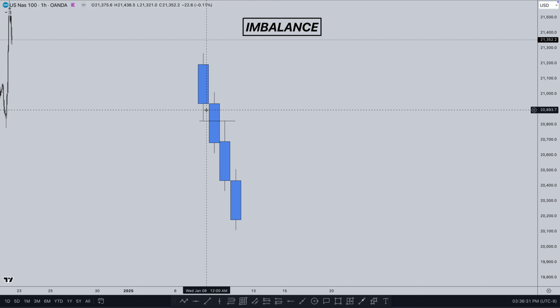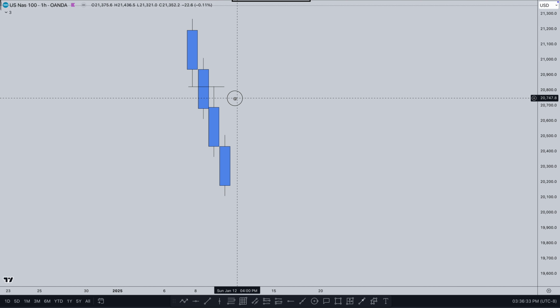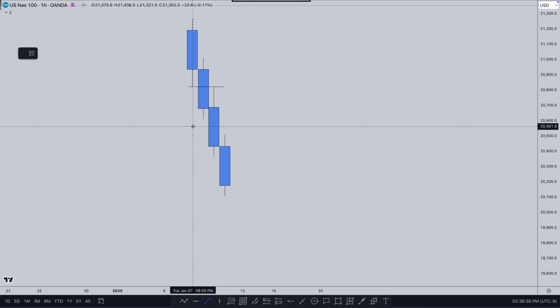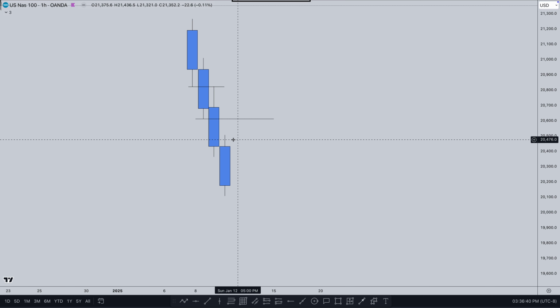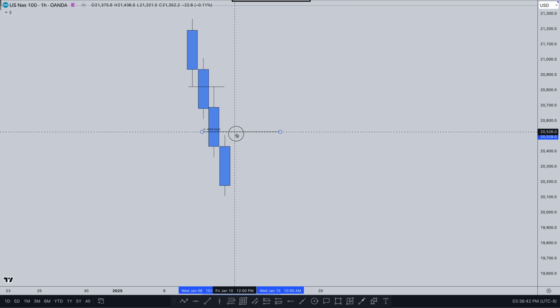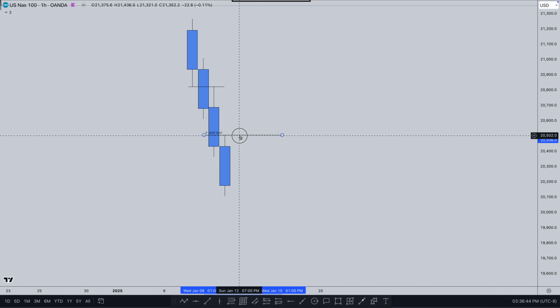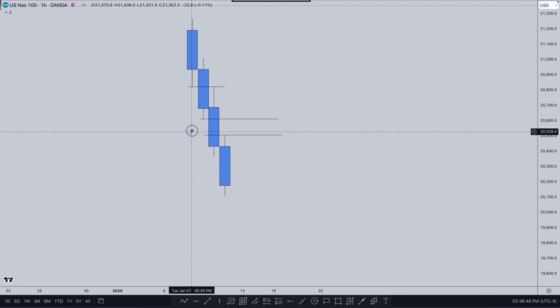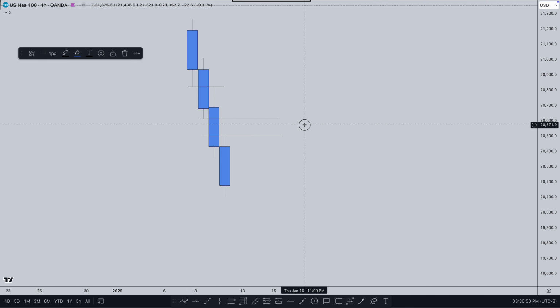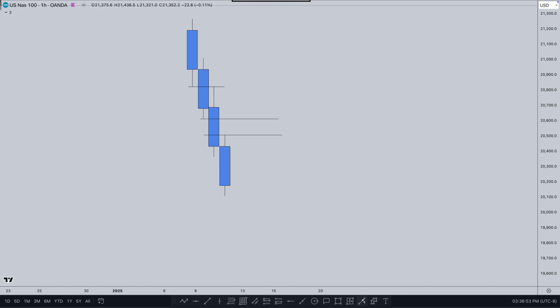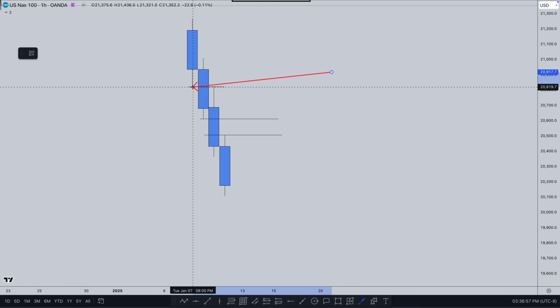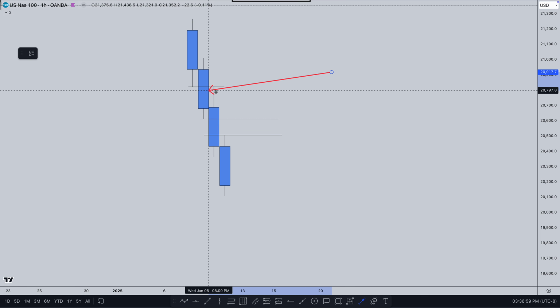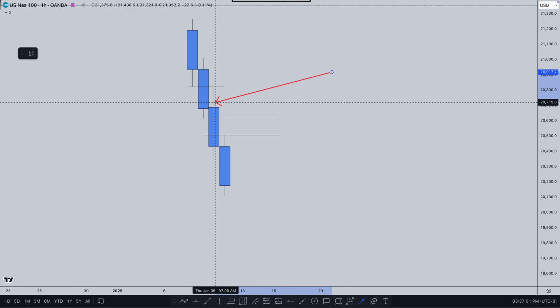That's healthy price action. But as we come lower, we see if you draw a horizontal line, these wicks are not connected. There is a gap in the middle. There is an imbalance. The previous candle, these wicks right here and here, were connected via a horizontal line. That's a balanced candle. That's healthy price action.